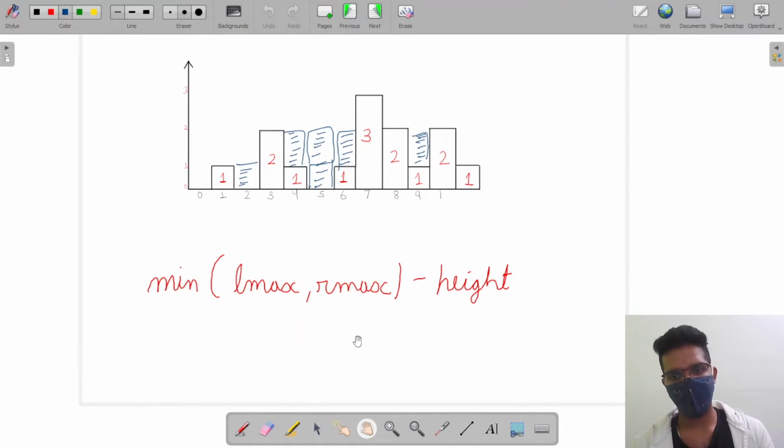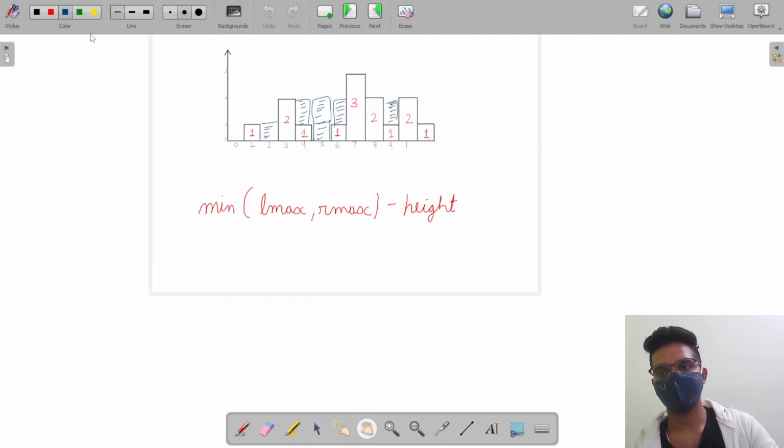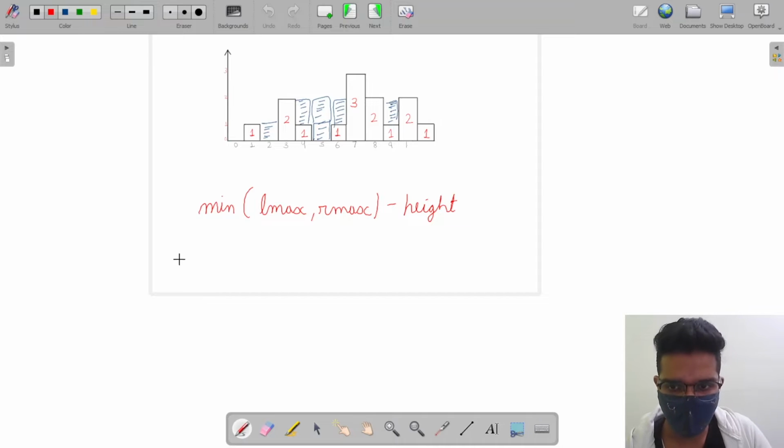Now we know the formula. So the first approach that you must be getting is to traverse. That's brute force, right? Traverse, then for every element, calculate its left max. So for example, you are traversing using i.